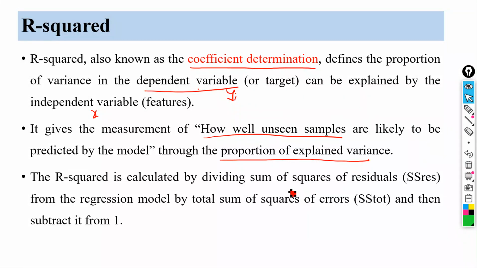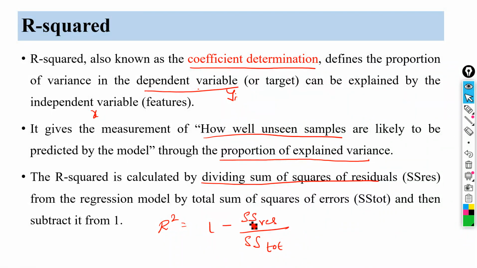Now the R squared formula. R square can be calculated by dividing the sum of the squares of the residuals, SSRES, by SSTOT, the total sum of squares. So R square is equal to 1 minus SSRES divided by SSTOT.